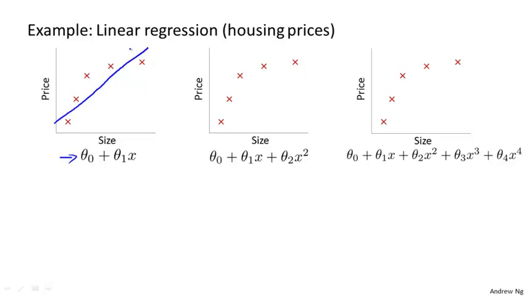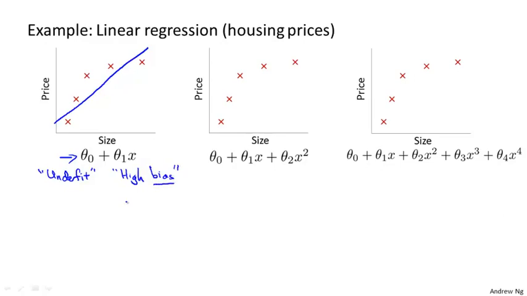Looking at the data, it seems pretty clear that as the size of the house increases, the housing prices plateau or kind of flatten out as we move to the right. And so this algorithm doesn't fit the training set very well, and we call this problem underfitting. Another term for this is that this algorithm has high bias.